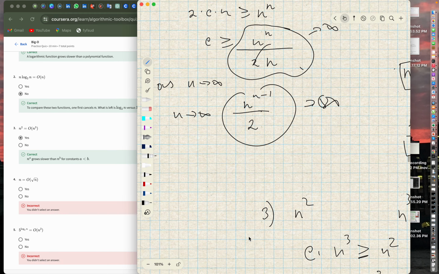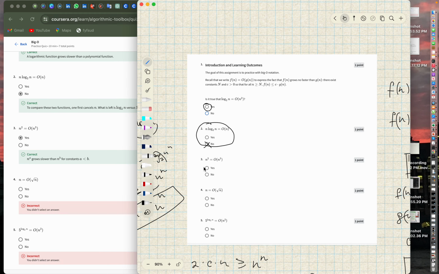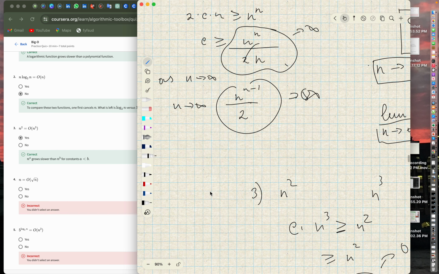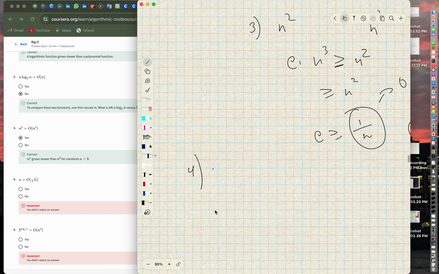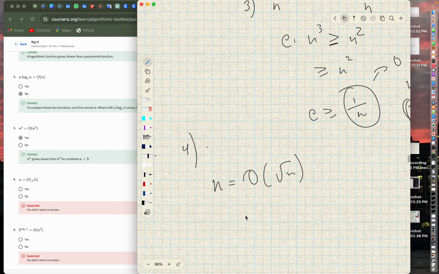Let's look at the other question. The last one, yeah, this one. Let's look at the fourth question. We're checking this, and this will be the last example, because you do every example the same way.